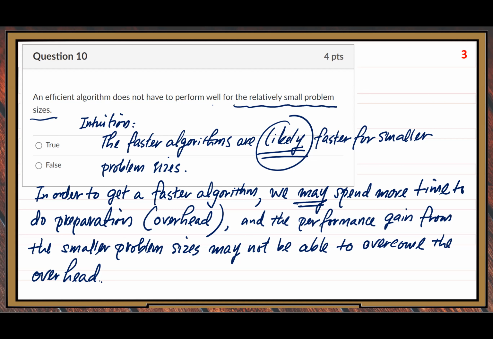But for larger problem sizes, your gain is huge, but the overhead part is not that big. The overhead part is usually fixed. You do preparation, and that cost is fixed. That means when you increase the problem size, the overhead is not increased.